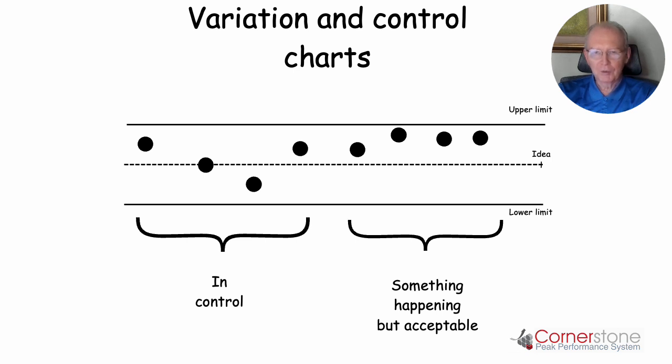Maybe there's some special cause developing. Maybe some part of a machine is worn out and is beginning to reach the upper limit of performance. So even with an in-control chart, you might be looking at something that gives you an idea that something's going wrong here.